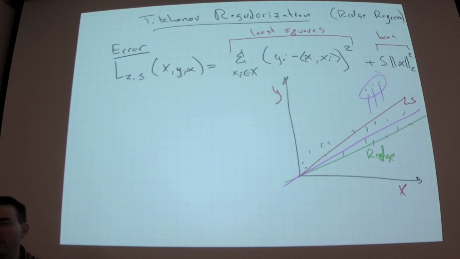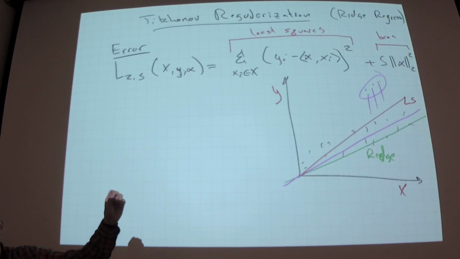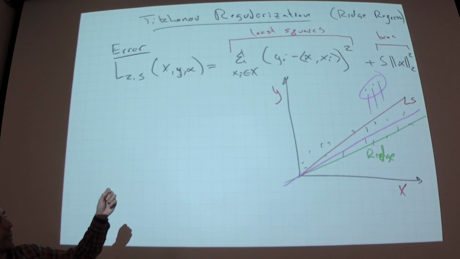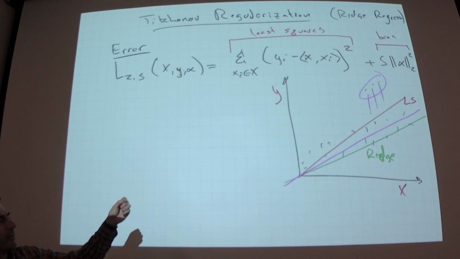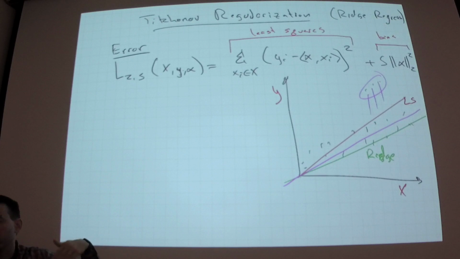But for certain values of s, if you make s small enough, or if you set it right, the bias term will decrease faster than the least squares increase, which proves that there must be something better. So this is actually non-constructive. I don't know what the right value of s is, but there's some value of s which is better. And we'll see in another lecture a good way of how to choose s.